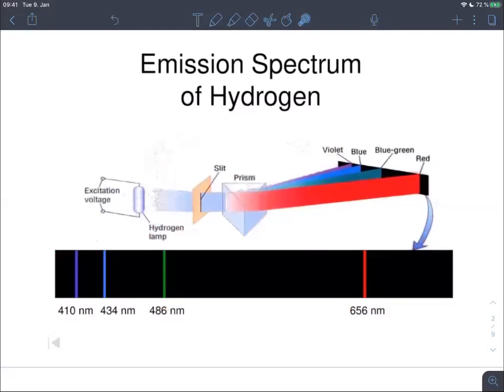We call this an emission line spectrum. And you can see that with hydrogen, we just get 4 color lines in the visible region of the electromagnetic spectrum.